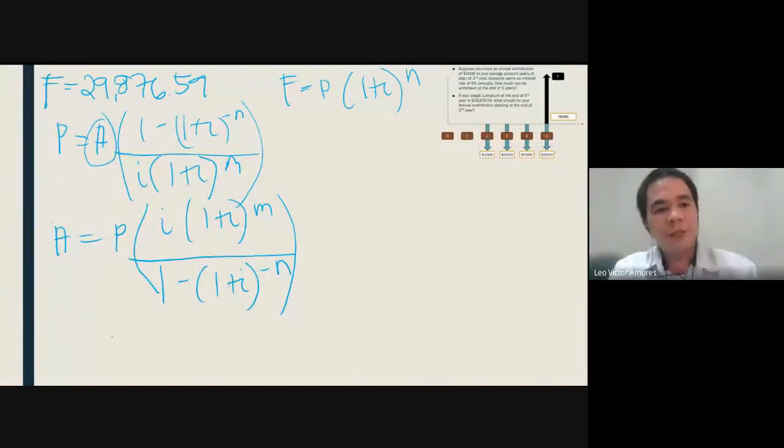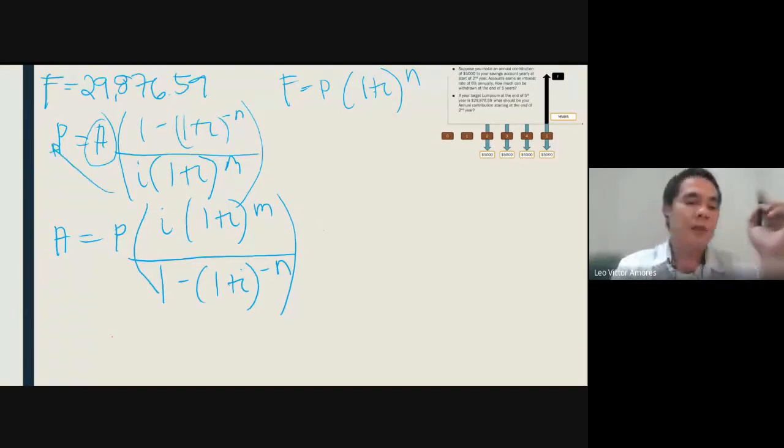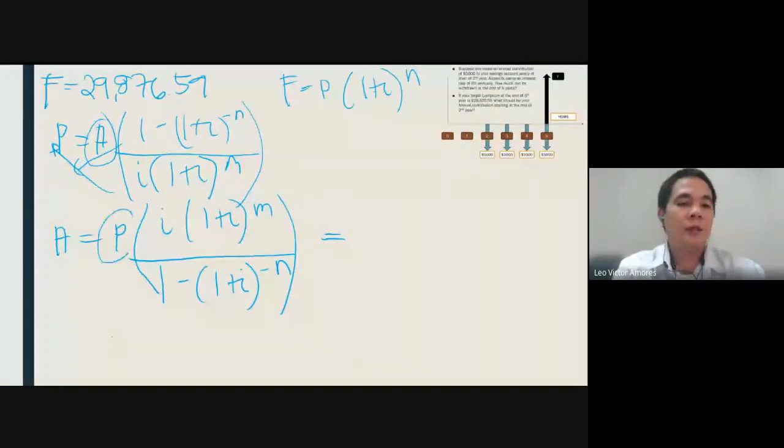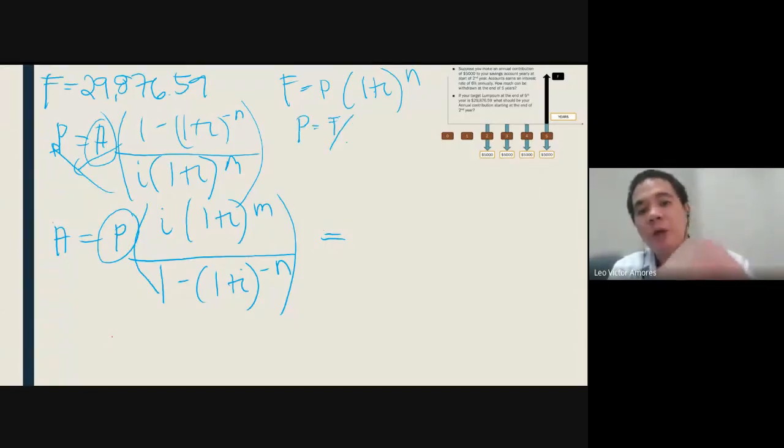This is basically transposing everything. Mabili ng A. Okay. Then, pangitaon sa nato pila ang value sa P. So, knowing that you're looking for the value of P, that is your F divided by 1.06 to the power of 5.